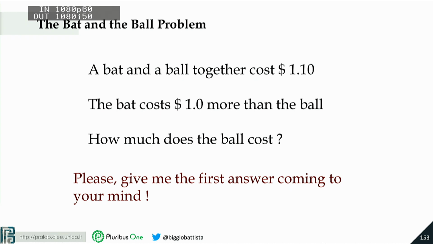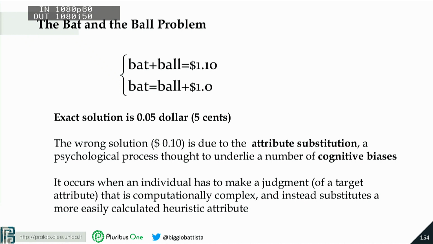A bat and a ball together cost $1.10. The bat costs $1 more than the ball. How much does the ball cost? The immediate answer that one may give is that one costs $1 and the other costs 10 cents, right? But the exact solution is 0.05, so it's 5 cents.